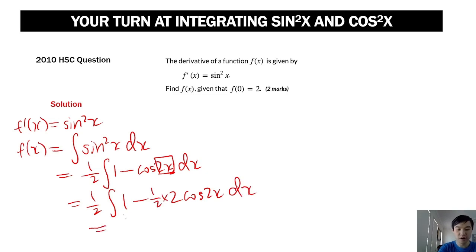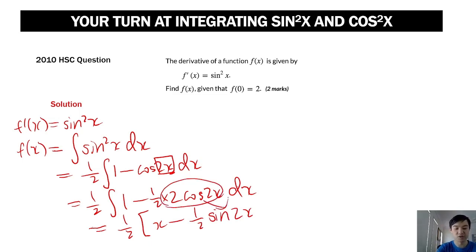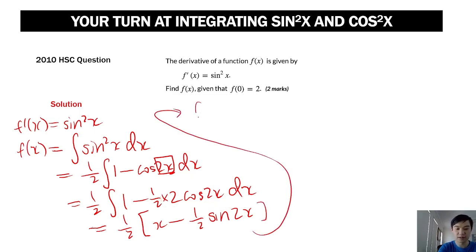So this will become half x minus half sine 2x, because this entire thing becomes sine 2x. So this is equal to half x minus a quarter sine 2x plus c, because it's an indefinite integral.